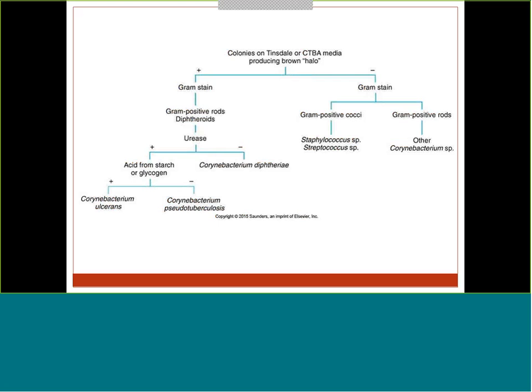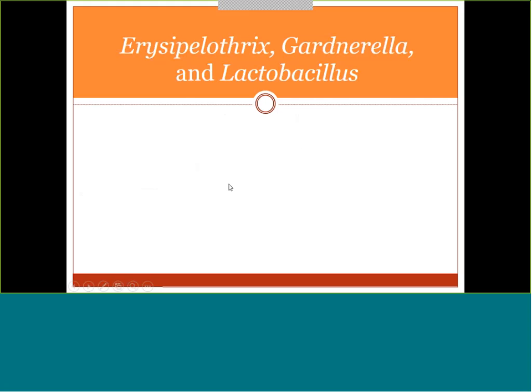Now again, every lab is different on what testing they choose to use, but if they say, this one's specific to Corynebacteria, if they get a brown halo on Tinsdale agar and it was a Gram-positive rod and it was urease negative, then it's probably Corynebacterium diphtheriae. So they put the two together. If it was urease positive, then it's probably something else. So they just show how they can work up Corynebacterium.